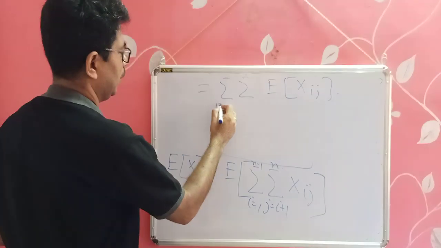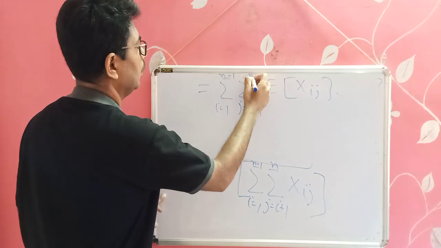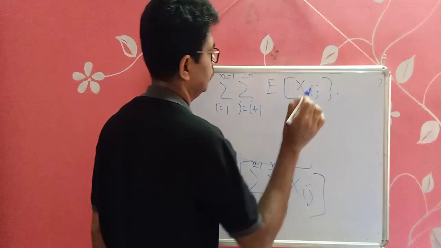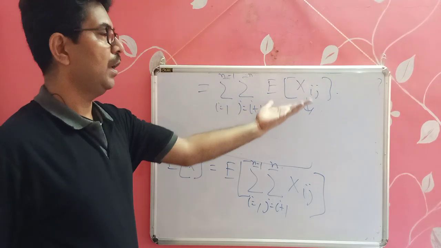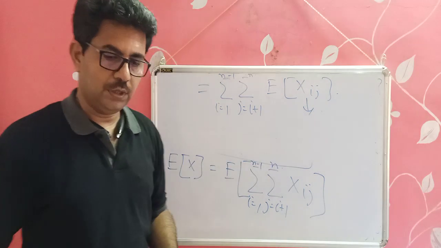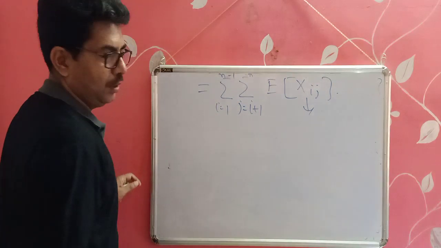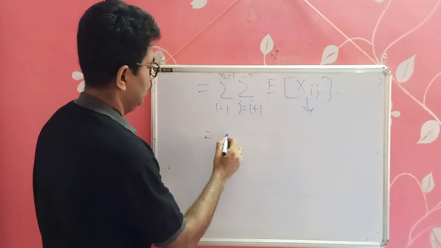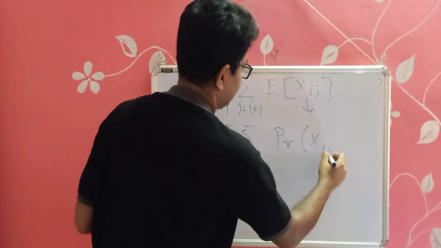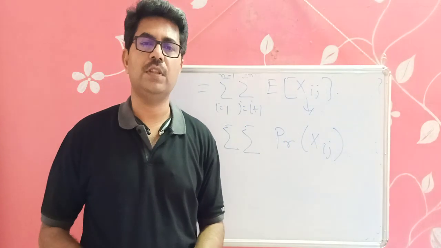Again, this is i equals 1 to n minus 1, j equals i plus 1 to n. Right? Now what is this value? Expected value of Xij means the probability of getting the event Xij, right? So here we can write that this is equal to the sum of the probability of Xij, or we can say the probability that Zi is being compared with Zj.